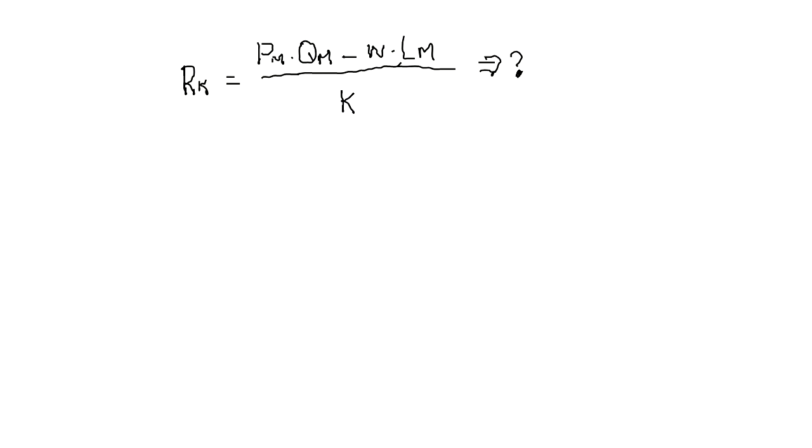If you want to solve this question, the total revenue of the manufactured goods is here: the price of the manufactured goods times the quantity of the manufactured goods.